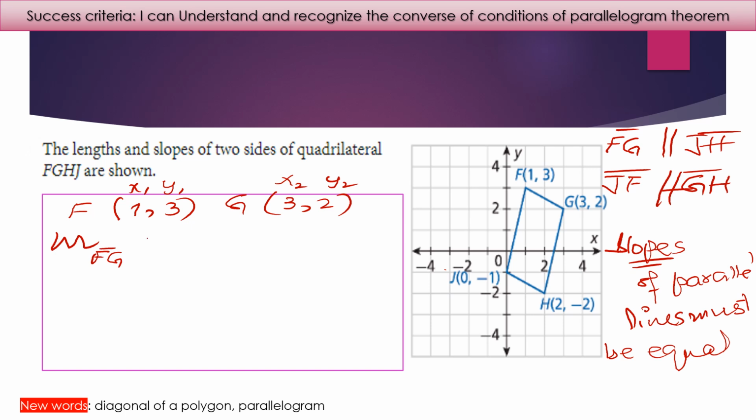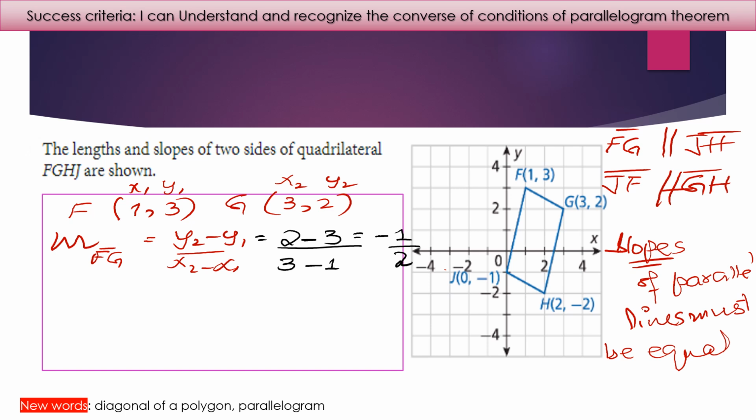The formula of the slope is y2 minus y1 over x2 minus x1. So y2 is 2, y1 is 3, x2 is 3, minus x1 is 1. So 2 minus 3 is negative 1 and 3 minus 1 is 2. So the slope of FG is negative half.